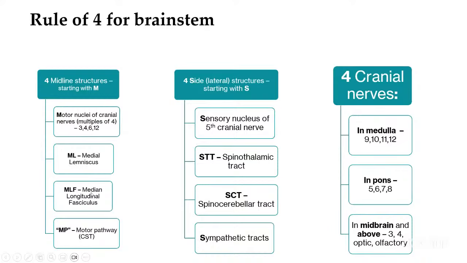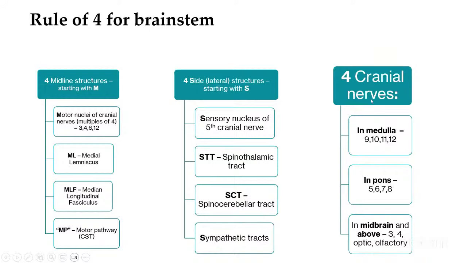Medial lemniscus, median longitudinal fasciculus, motor pathways, corticospinal tract. 4 S means there are 4 lateral structures which start with S: sensory nuclei of the 5th cranial nerve, spinothalamic tract, spinocerebellar tract, sympathetic tracts.